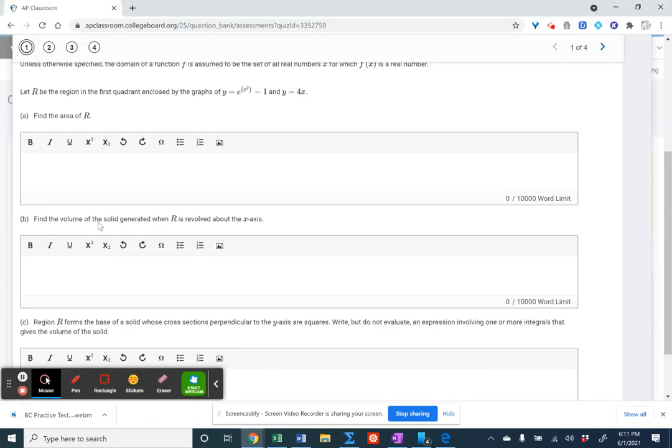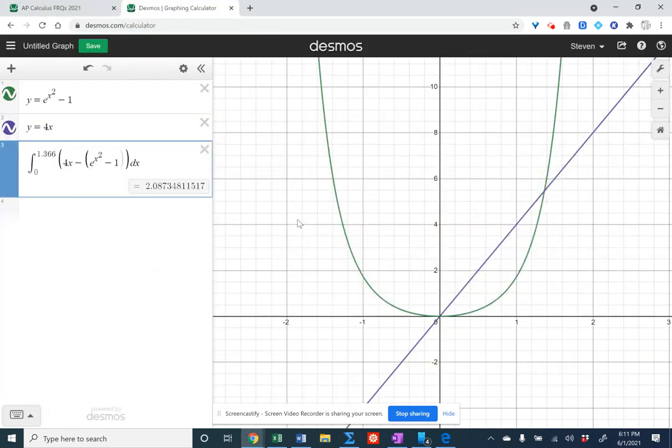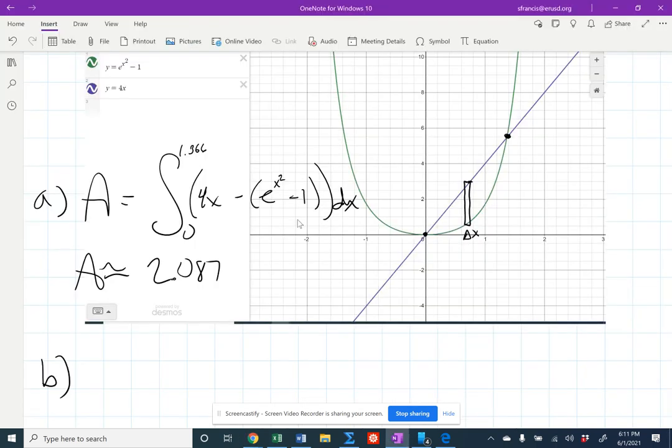Now for part B, this is to find the volume of the solid generated when R is revolved around the x-axis. If we go back here, the x-axis is right here, so we're revolving around the x-axis. There's a gap between the rectangle and the axis of revolution, so that means we're going to use the washer method, the circle cut out.